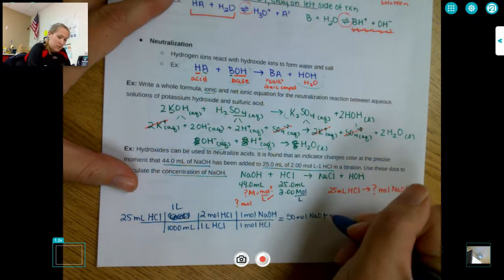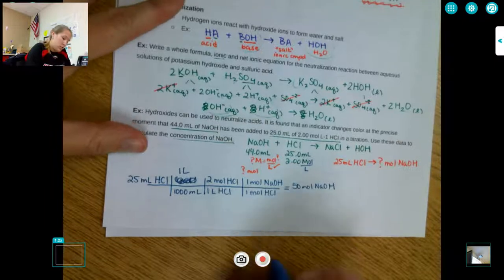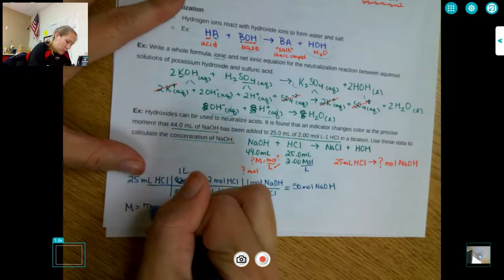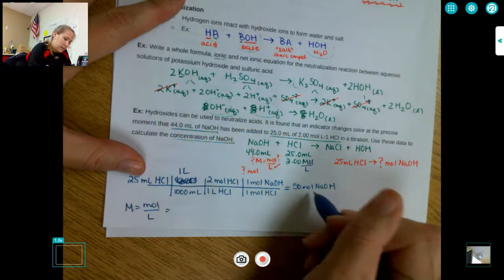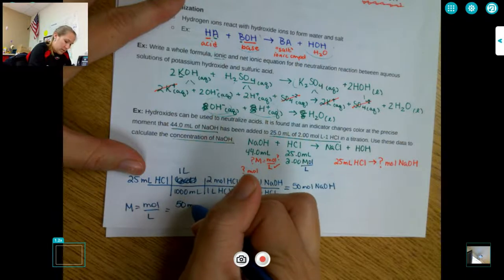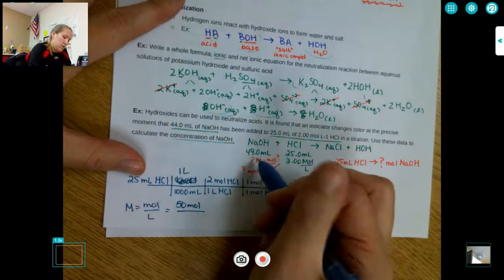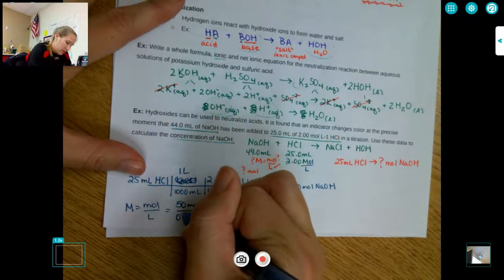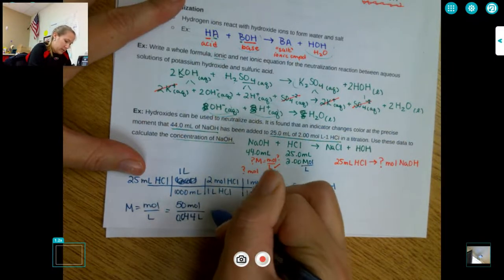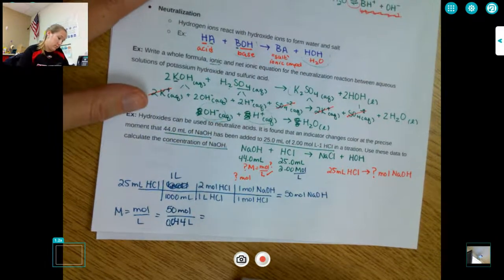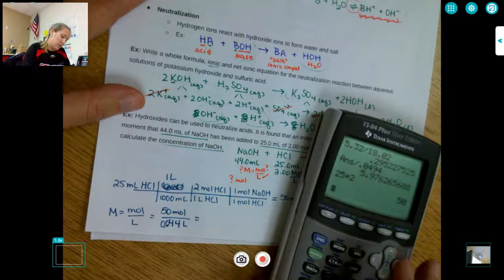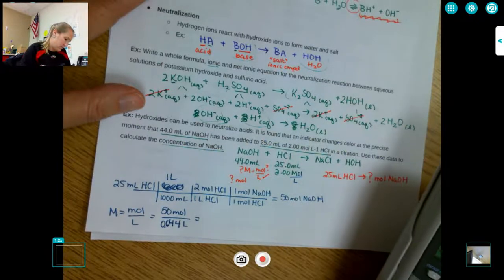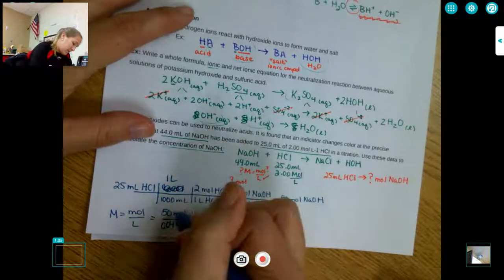So if I want the molarity of NaOH, molarity equals moles per liter. I said I have 50 moles. My volume, 44 mL divided by 1,000 is 0.044 liters. Seems awfully concentrated. Oh, I forgot to divide by 1,000.